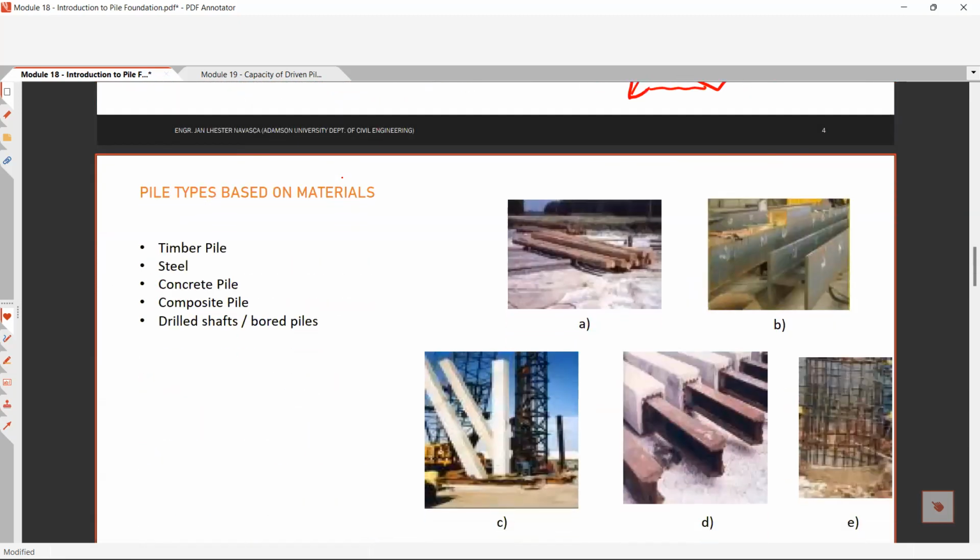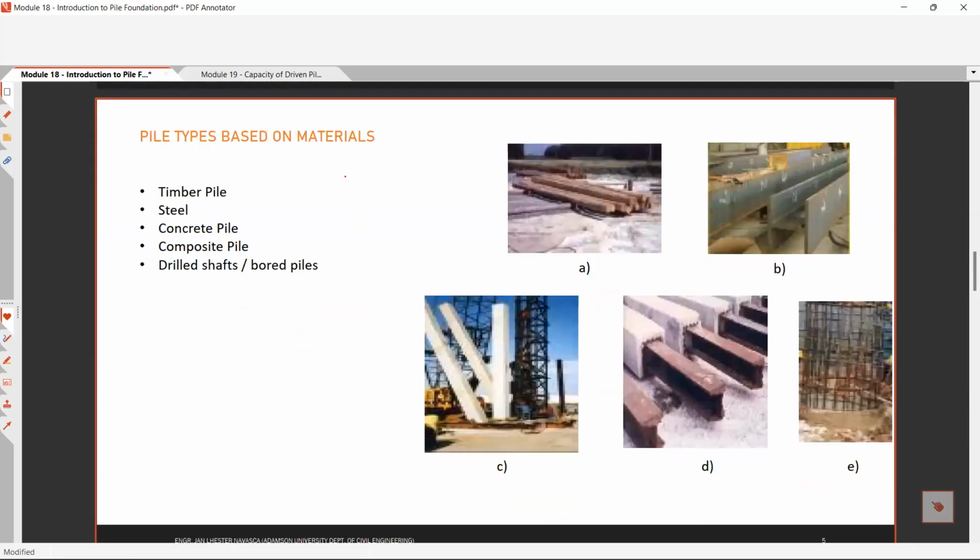So what are the types of piles based on the materials? Okay. So number one, pwede mong gawin is timber piles. Okay. So this one is hindi na to gaano ginagamit. Okay. Bakit? Bakit hindi ganun ginagamit yung timber piles ngayon? Kasi dati, mahal yung concrete.